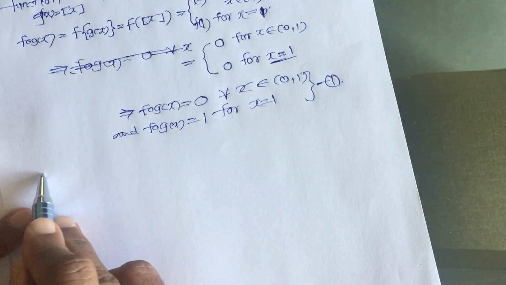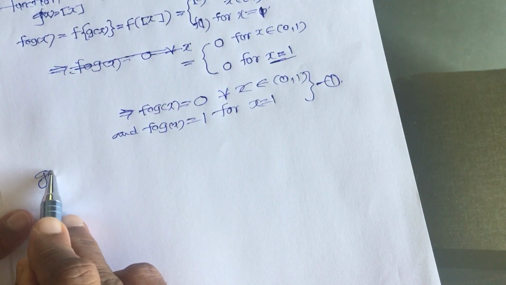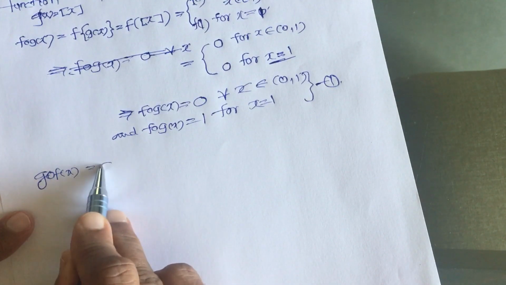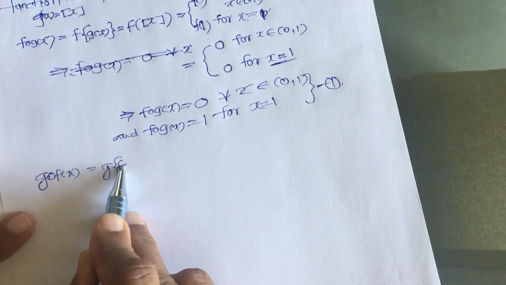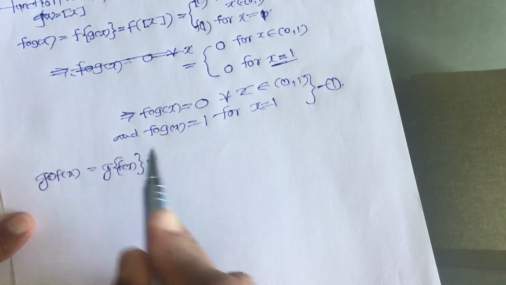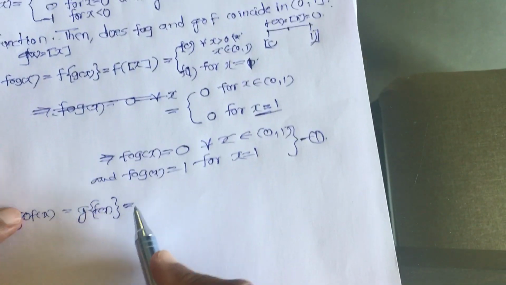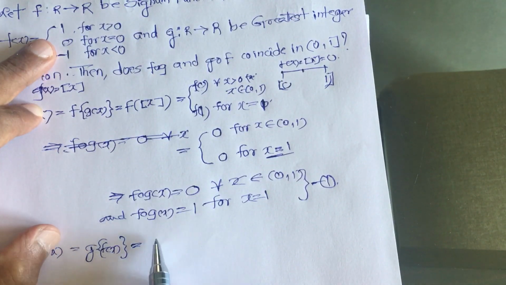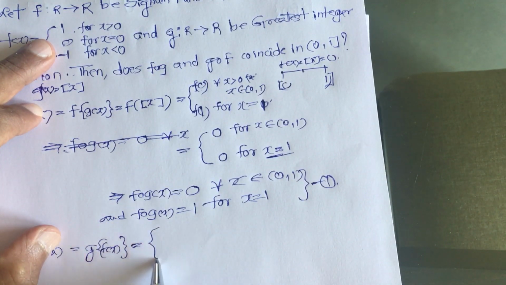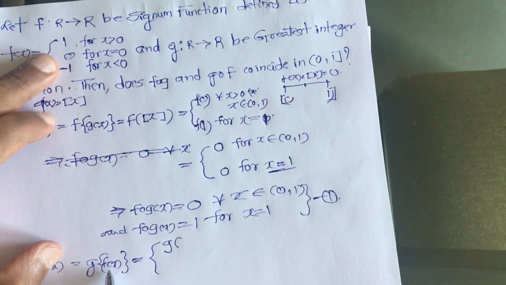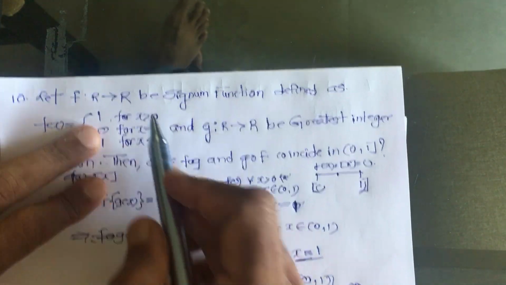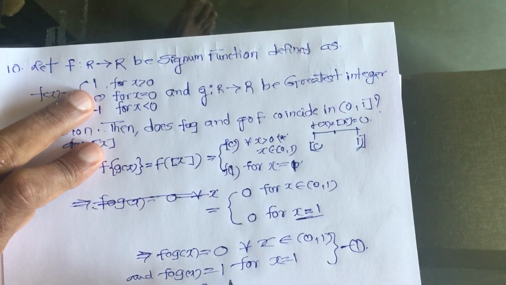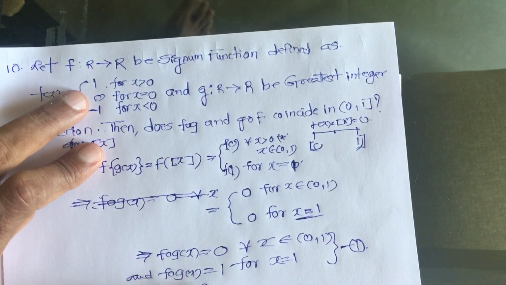Now, I take g composite f of x, which is g of f of x, and it has two values when x is positive. So, g of f of x: for x greater than 0, f of x is 1, so it is g of 1.